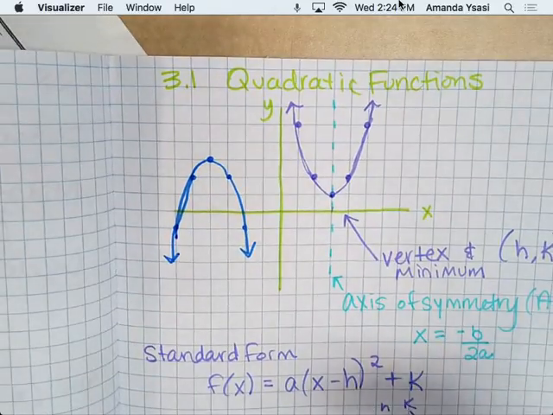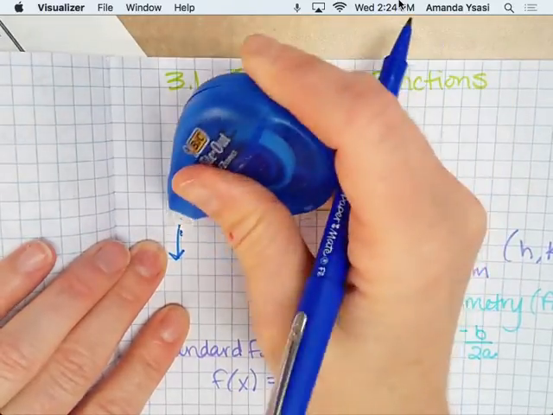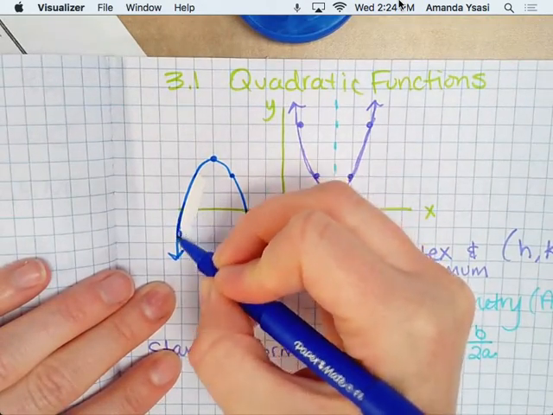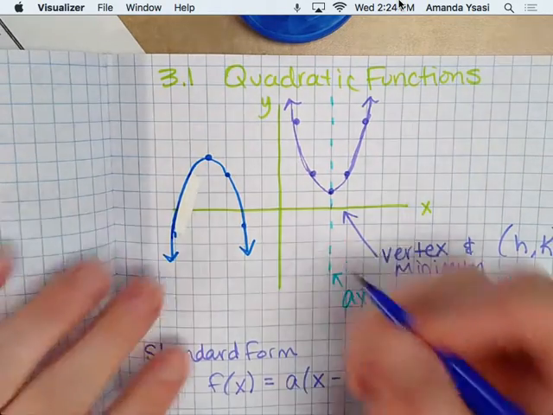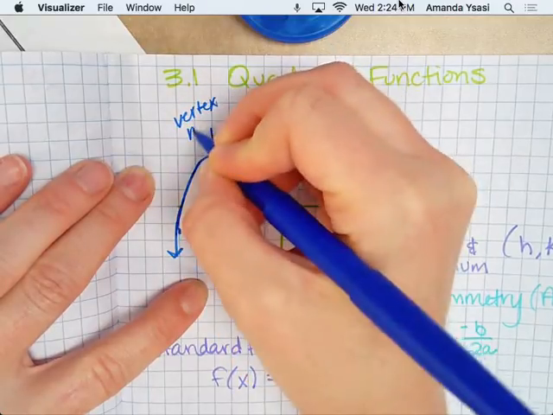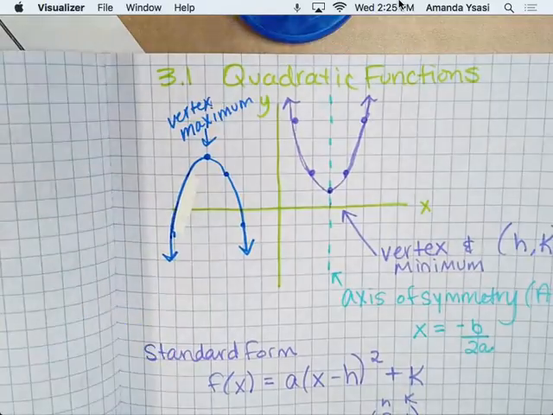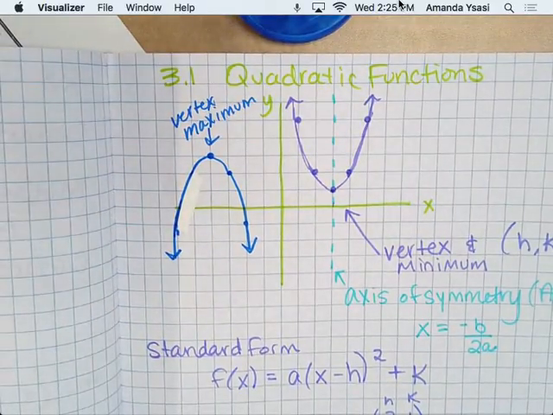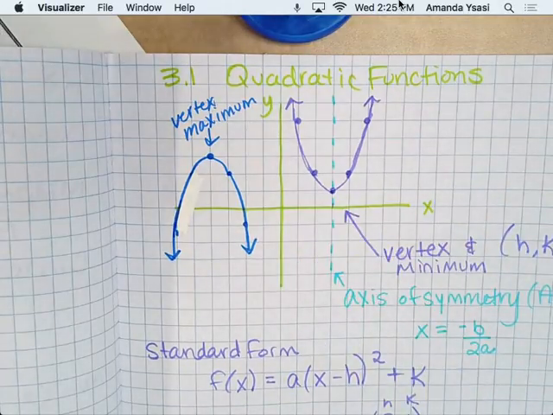I'm just not good at drawing these. Because I'm a perfectionist. There we go. So the thing that's different about this is our vertex, but now it's called a maximum. And then we still have the axis of symmetry.